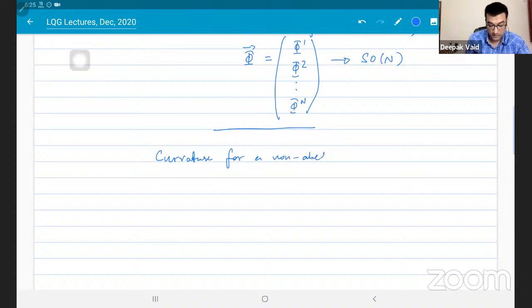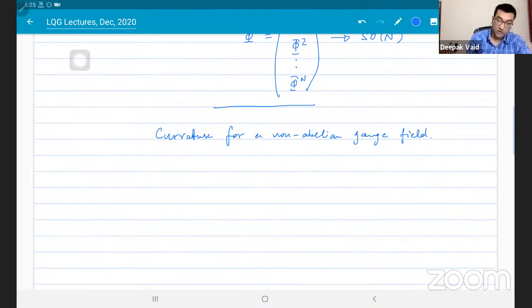So what is a non-abelian gauge field? As I mentioned, a non-abelian gauge field is one which corresponds to a group which is non-abelian, right? So first of all, how would I write down the gauge connection?